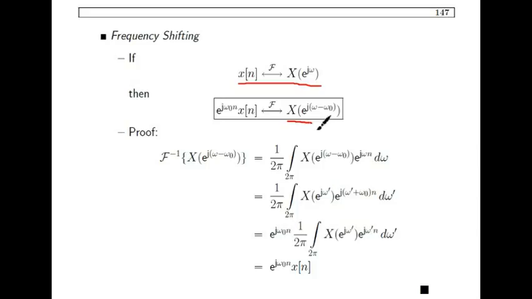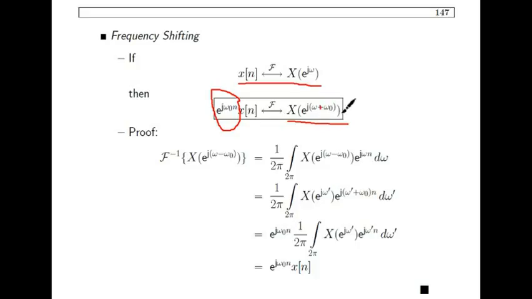Here we multiplied the complex exponential with omega naught n as its frequency, then our Fourier transform gets frequency shifted by the term omega naught. Shifted means delayed. If it was e to the power minus j omega naught n, then it will be advanced. Here it will become plus.